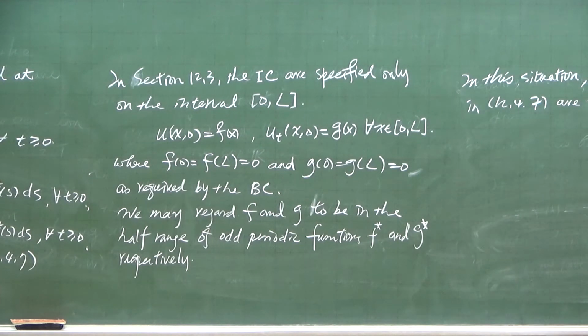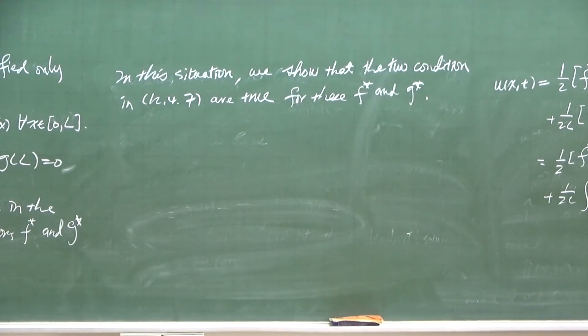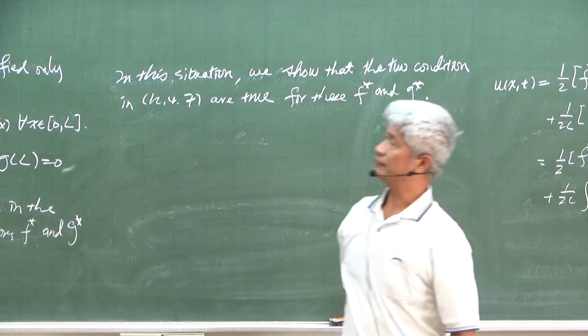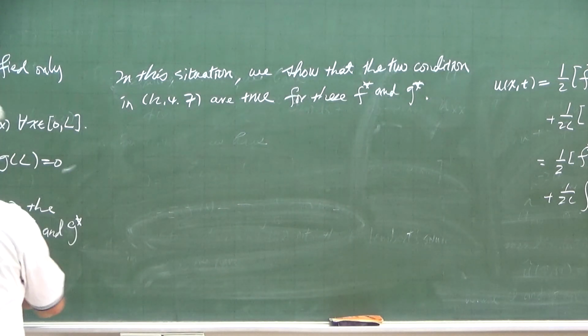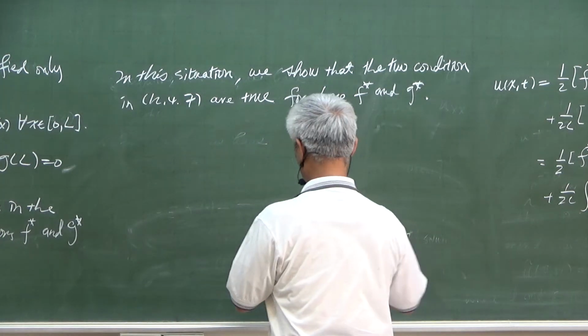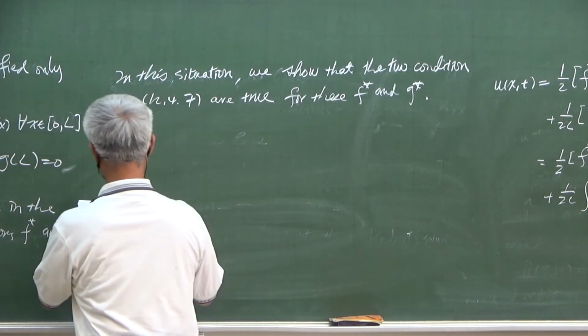Okay. So now f star and g star are constructed from f and g. So f star and g star are periodic functions with period 2L.